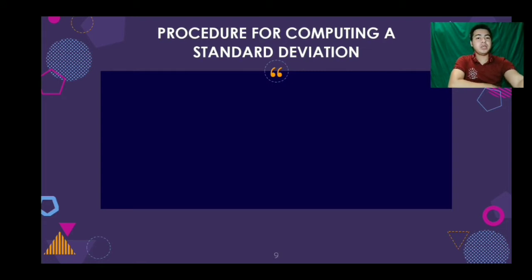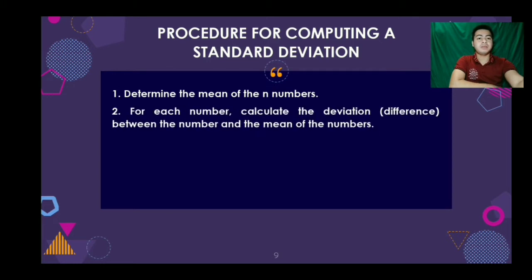So let's proceed to the procedure for computing a standard deviation. The first one is, let us determine the mean of the n numbers. Second, for each number, calculate the deviation, or the difference between the number and the mean of the numbers.